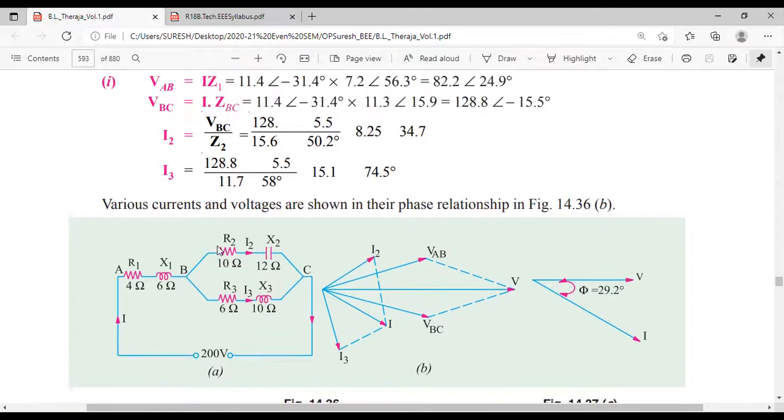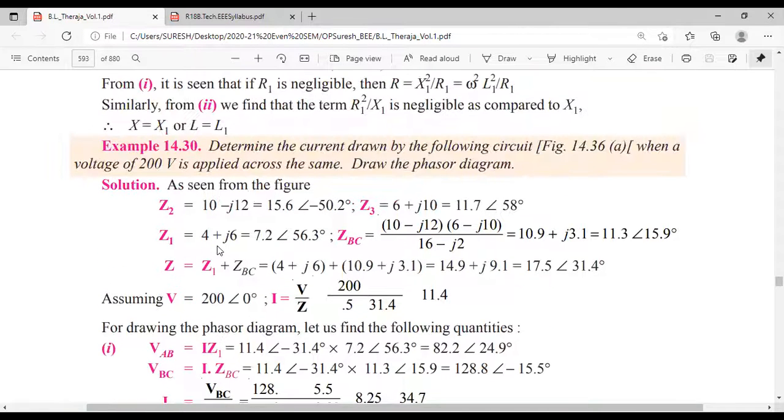Now write down the question. Determine the current drawn by the following circuit when a voltage of 200 volts is applied across the circuit.